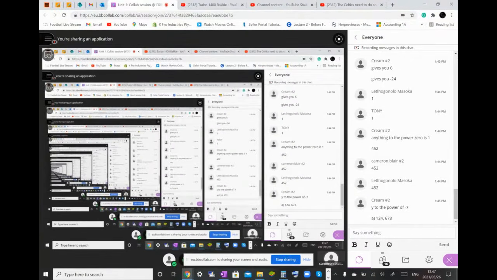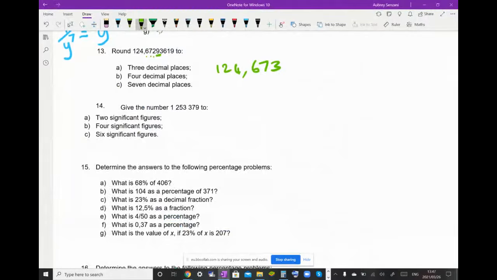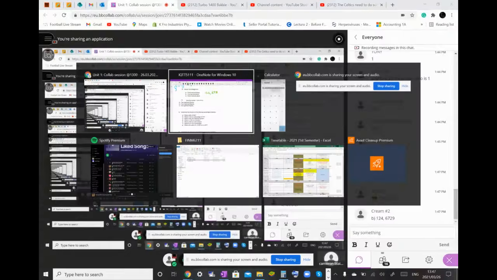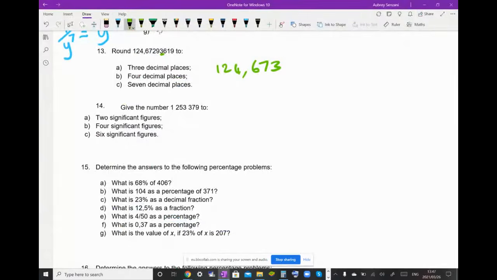Let's move on to the next one. 4 decimal places means that we are looking at the 3, to decide whether to round up or down. Somebody tell me what our answer is. That's 100% right, thank you.